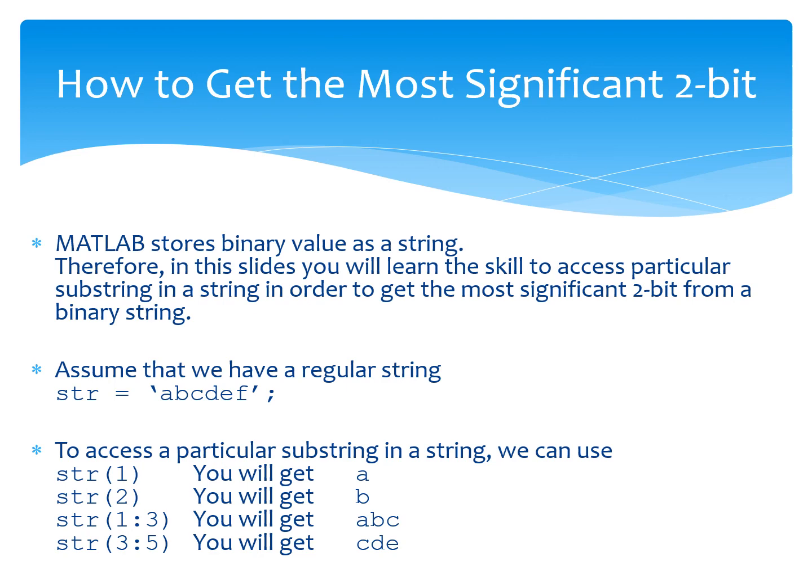In this case, you will get A, B, C. Similarly, to access 3 to 5, you will get C, D, E. Now, you have learned how to access a substring from a string. You can apply this skill to extract the most significant 2 bits from the 8-bit binary string.